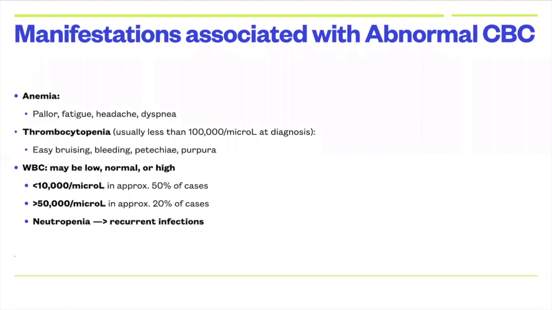Patients with thrombocytopenia will show easy bruising, bleeding, petechiae, purpura. In most cases, upon diagnosis, we see thrombocytopenia usually less than 100,000. We know thrombocytopenia is defined as less than 150,000 platelets, but like I said, upon diagnosis, usually we see a more significant thrombocytopenia.